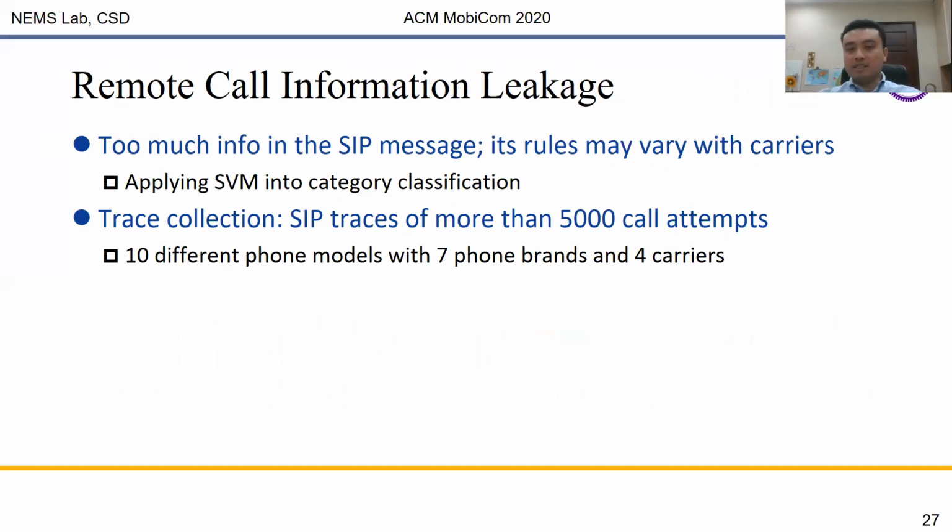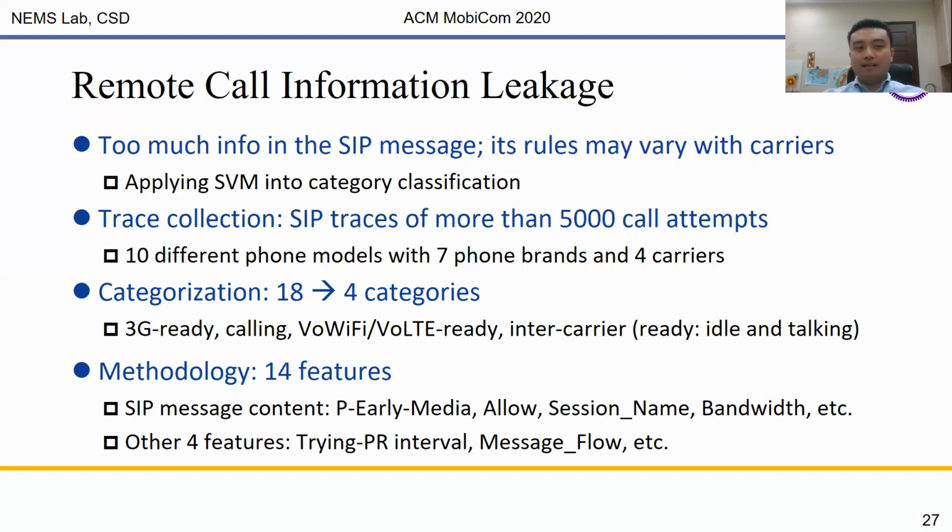We collect and examine SIP messages by making call attempts to various callees. There is too much information in the SIP messages, and moreover, its rules may vary with carriers, so we apply SBN to the category classification, and we collect SIP traces from more than 5,000 call attempts.